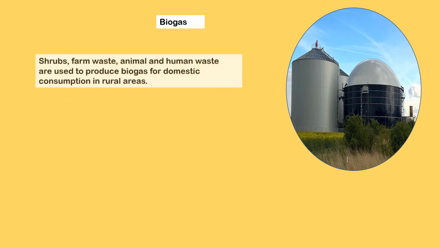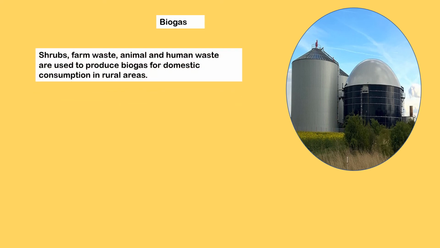Biogas. I've shown the picture of a biogas plant. Shrubs, farm waste, and animal waste are used to produce biogas for domestic consumption in rural areas and villages. Decomposition of organic matter yields gas, which has higher thermal efficiency in comparison to kerosene, dung cake, and charcoal.